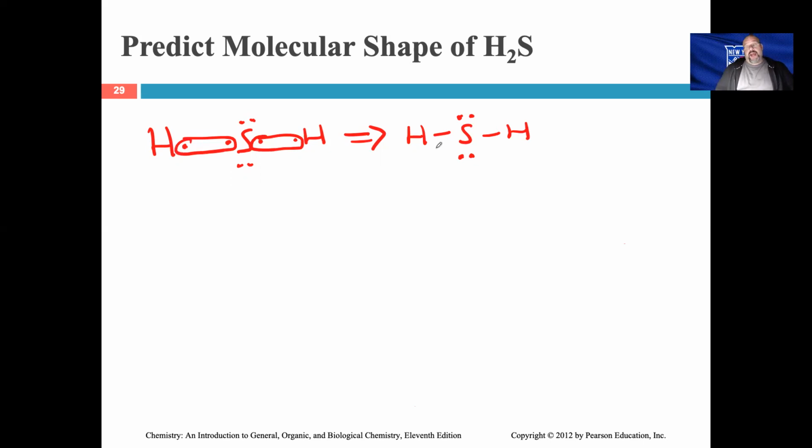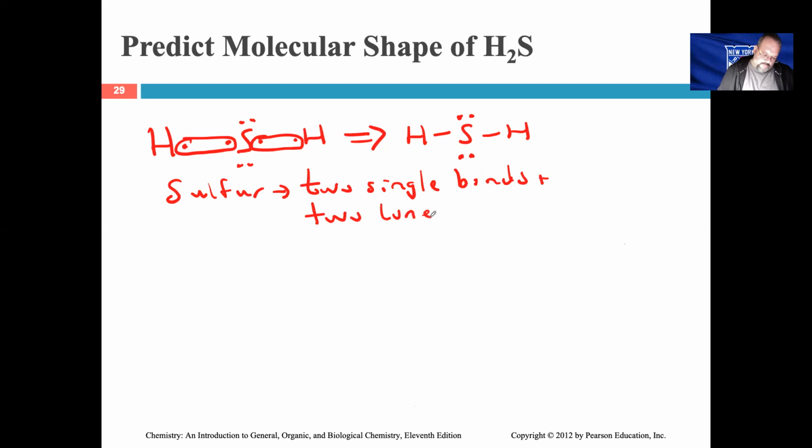So now, once we have this electron dot structure, we can see what's going on around the sulfur, the central atom here, and predict the shape. So around the sulfur, what do we have? We have 2 single bonds and 2 lone pairs of electrons.